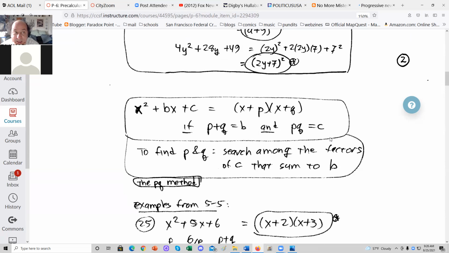Now, this is a more general thing. Here's something I call the PQ method. x squared plus bx plus c factors into x plus p times x plus q if p plus q is b, the middle coefficient, and p times q is c, the last term.